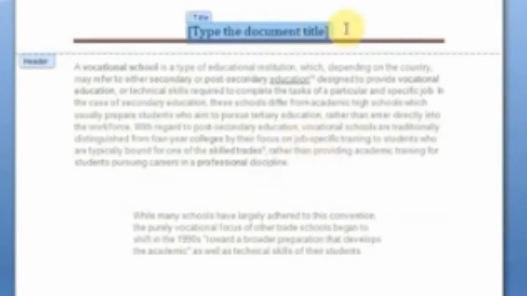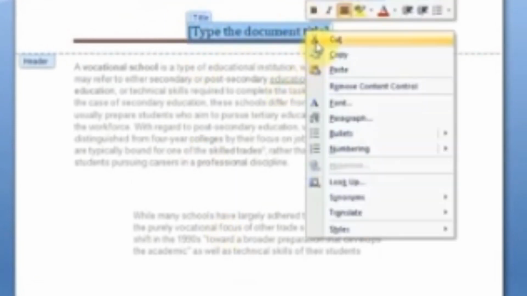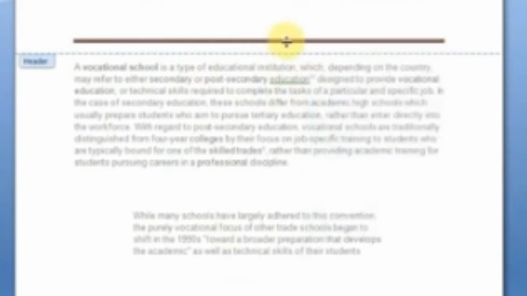This is the title, suppose. And the header is also active. Suppose I want to write my school name as the title, and here I want to mention the address, Haldwani 263139.